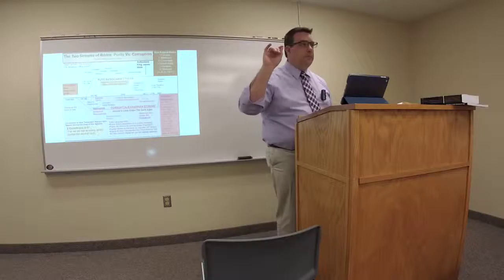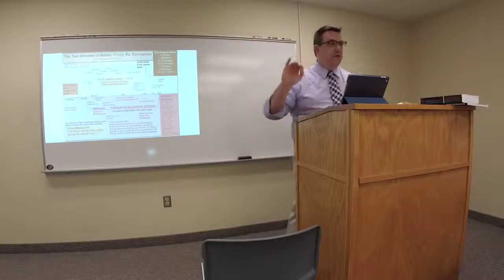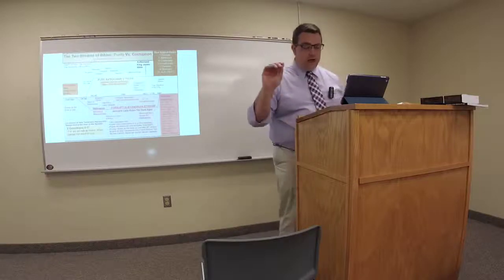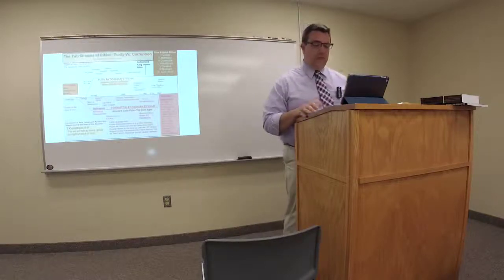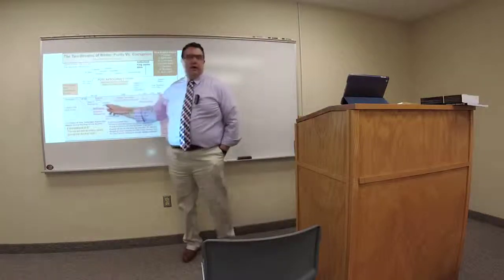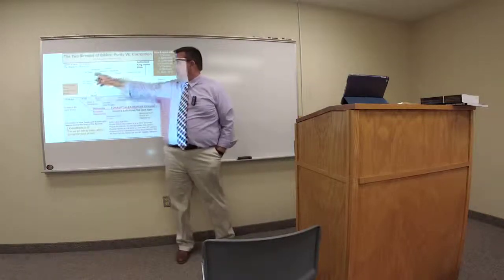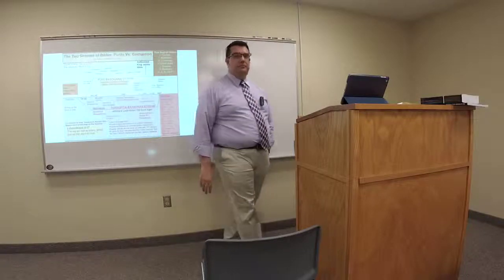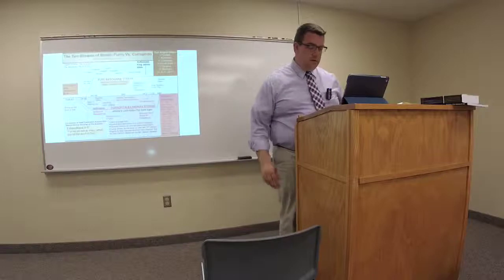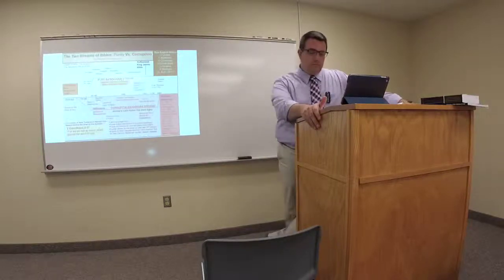Mark 1:2, the Peshitta says Isaiah the prophet. The Gothic says Isaiah the prophet. The Old Latin says prophets. The Vulgate says Isaiah the prophet. But wait a minute. The Vulgate's down here, and the Gothic and the Peshitta are up there. You see that?